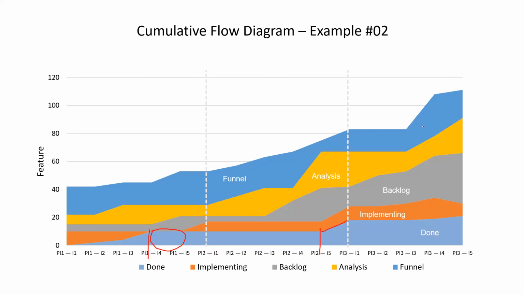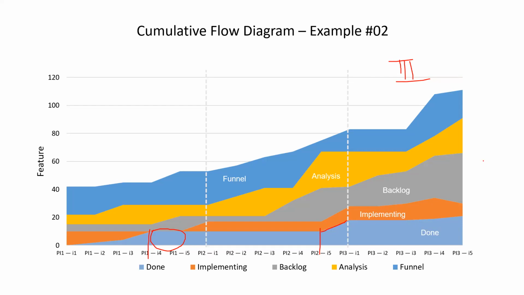Now, what happened in section 3? This is section 3. What happened in section 3? Again, few of the issues moved to done in section 2, so the same thing is repeated in section 3 as well, till I4, the iteration 4.